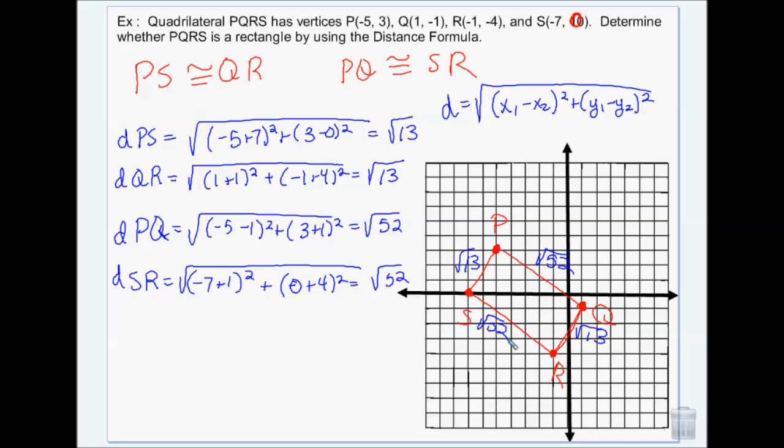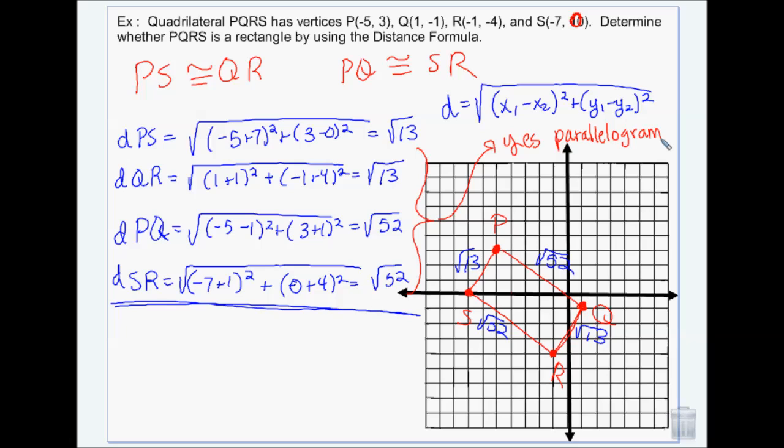Okay, so I know I'm a parallelogram now, for sure, because my opposite sides are congruent. What all this told me up here is that I am a parallelogram. It's a lot of work just to find out.